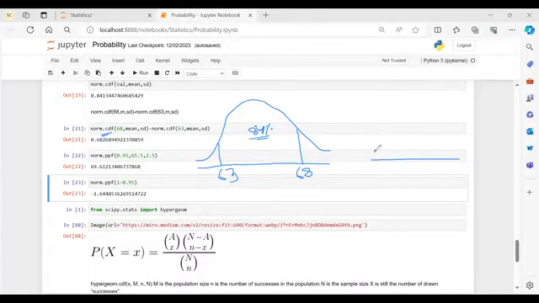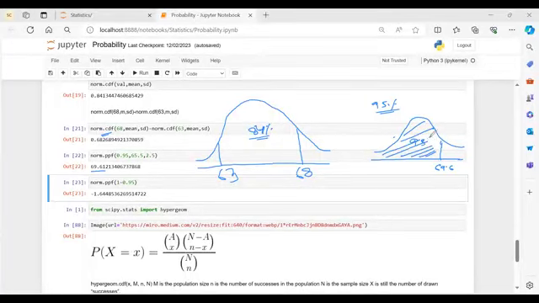Now what PPF is telling me: I want to find out at 95% what would be the higher value. So it is giving me this particular value, which is 69.6. As I mentioned, all these probabilities only capture the left hand side. So when you pass this 95%, it captures from the left.